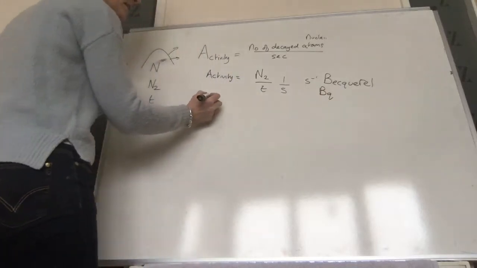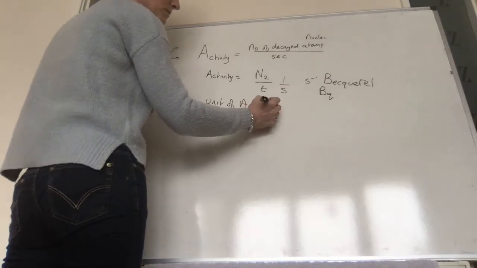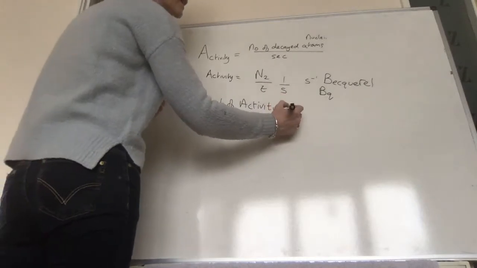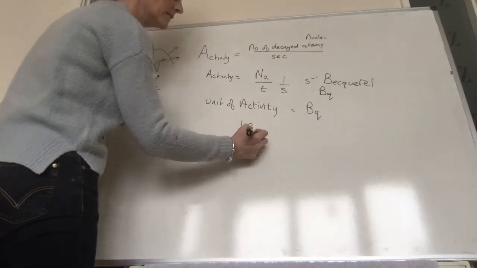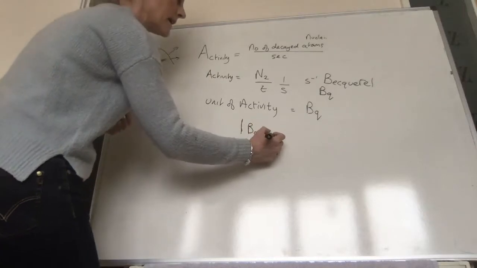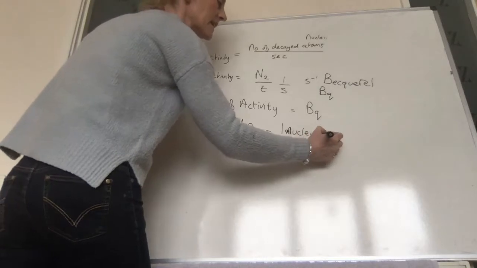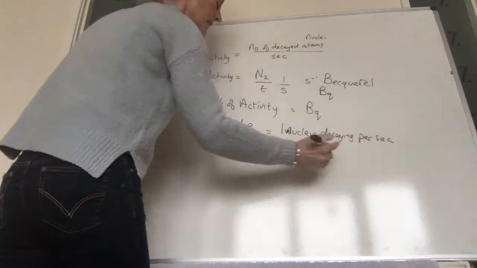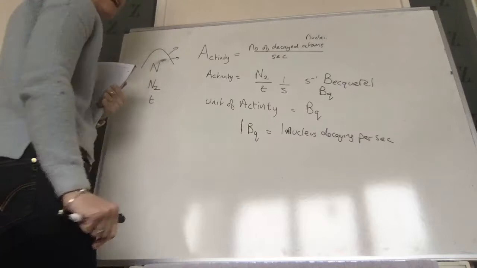So the unit of activity, the number of atoms decaying per second, is the becquerel. 1 becquerel means that 1 nucleus is decaying per second.